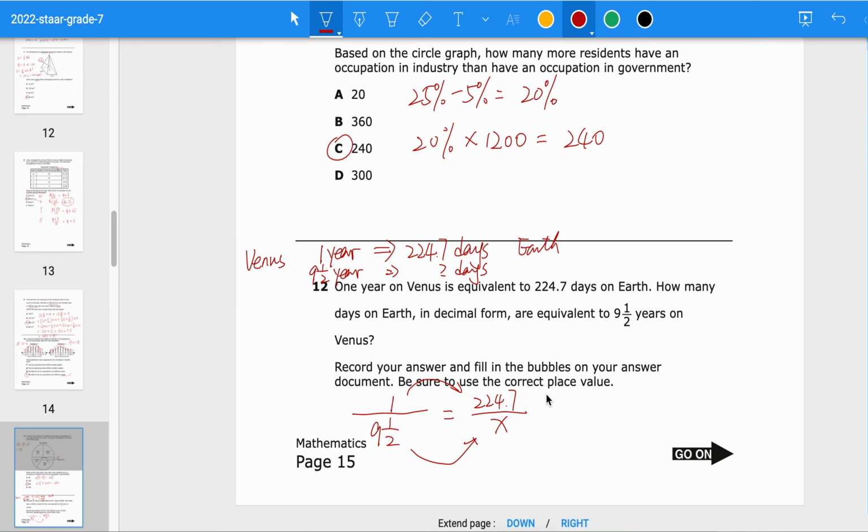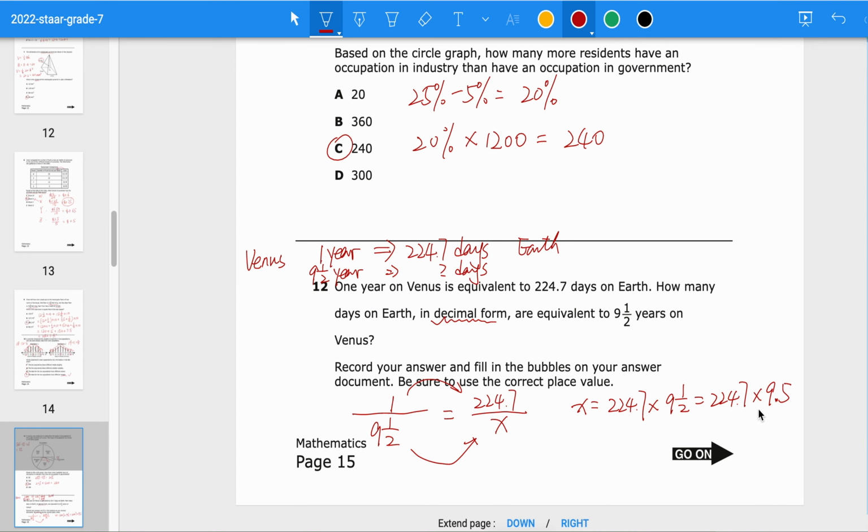The only problem of this question is about calculation. So x equals 224.7 multiply 9 and 1 over 2. And again, this is asking for decimal form. So we have decimal form 224.7 and 9.5. Writing into decimal form, we can write 224.7 multiply 9.5, right?